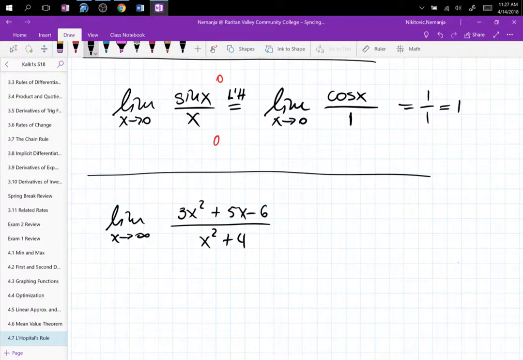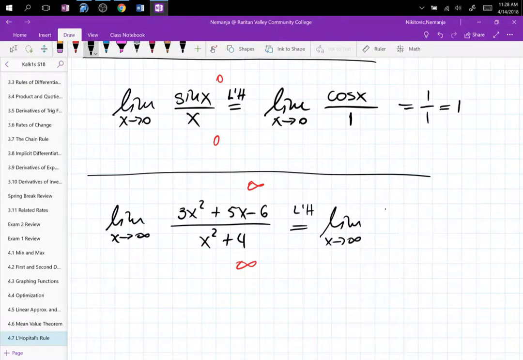But I wanted one very simple example to have infinity divided by infinity. So this is infinity divided by infinity. And then by L'Hopital, we have that the limit as x goes to infinity is 6x plus 5 divided by 2x.